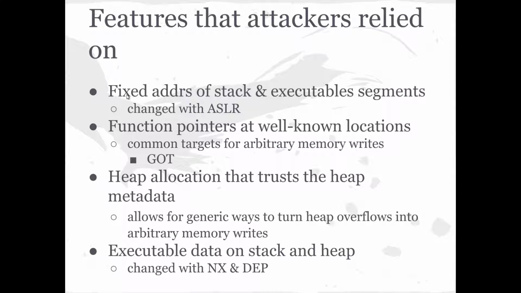Function pointers being at well-known locations were a common target for arbitrary memory writes. It's important to note that this is still a huge problem with the Linux ELF format's global offset table. You can still target, in many cases, if there's just partial RELRO, function pointers at known locations in binaries.